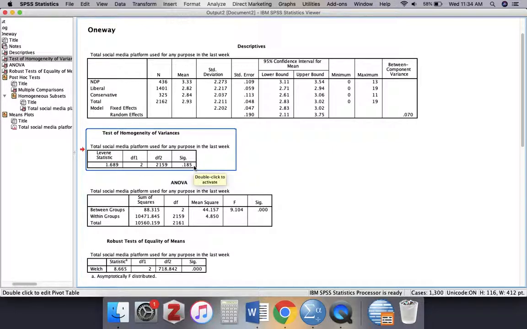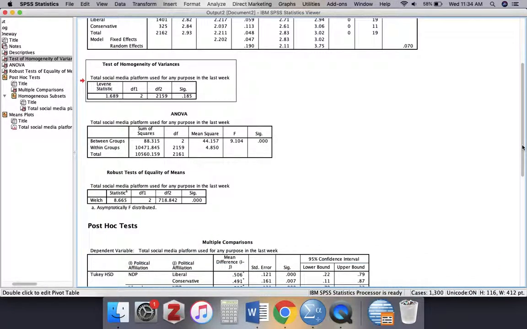If it's statistically significant, it's saying that it's detecting that each group's variance is different from each other. Here, under the significance column, we see the p-value associated with this test, and we see that it's not statistically significant, which means that we've met the assumption and that the variances are homogeneous, which means that they're similar across the three groups. So we've met the assumption for number 4.